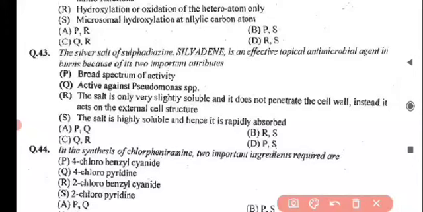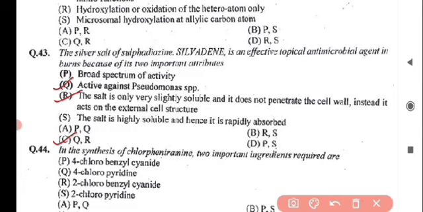Moving to next question. The question is, the silver salt of sulfadiazine, silvadene, is an effective topical antimicrobial agent in burns because of its two important attributes, and the attributes are option Q and option R. That is, active against Pseudomonas species, and the salt is only very slightly soluble and it does not penetrate the cell wall.